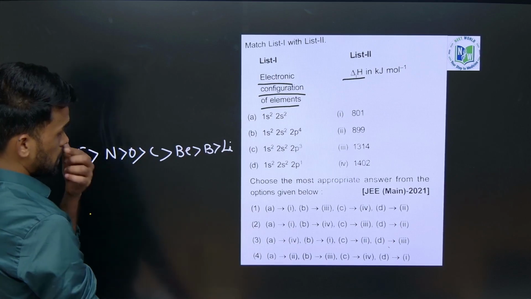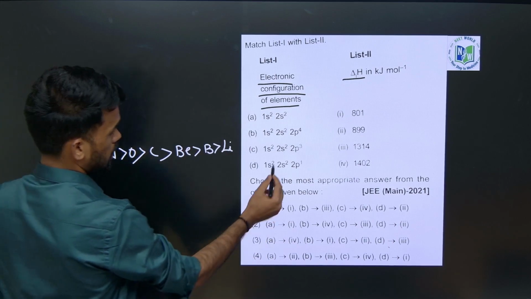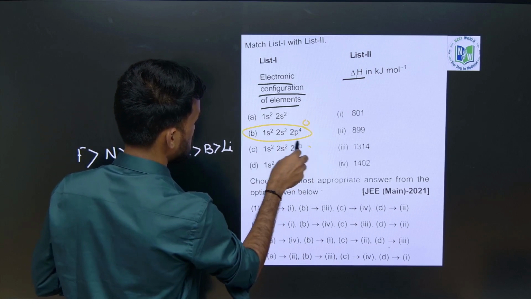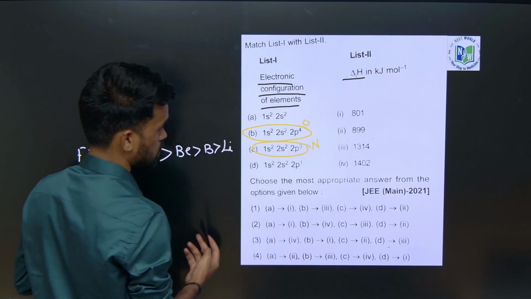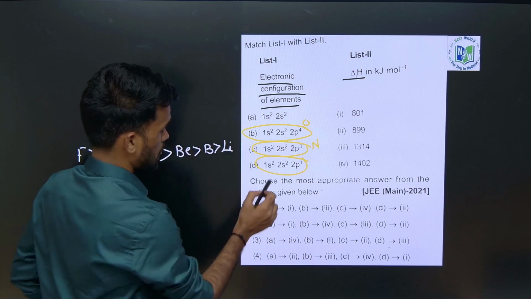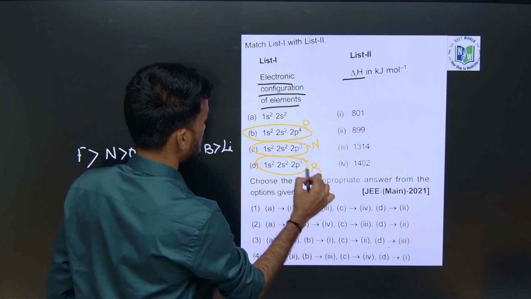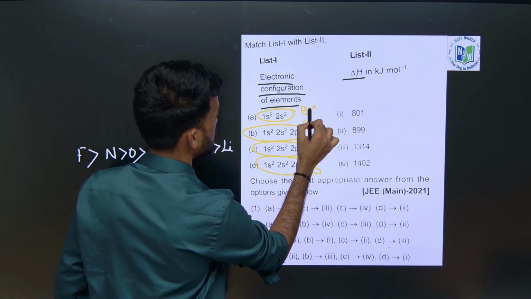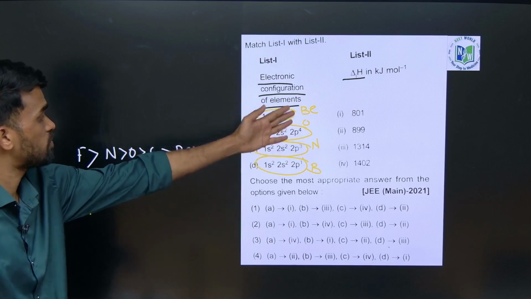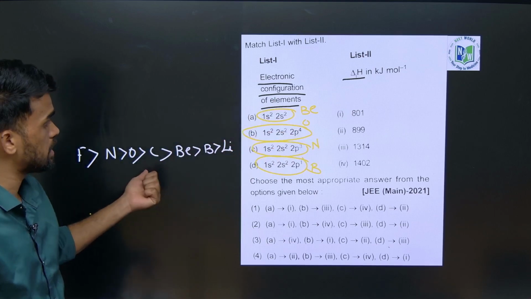Now see, here we have oxygen. This electronic configuration is for oxygen, this is for nitrogen, and this is for boron, and this is for beryllium. Now just compare this order with their values. Arrange those values in increasing order.